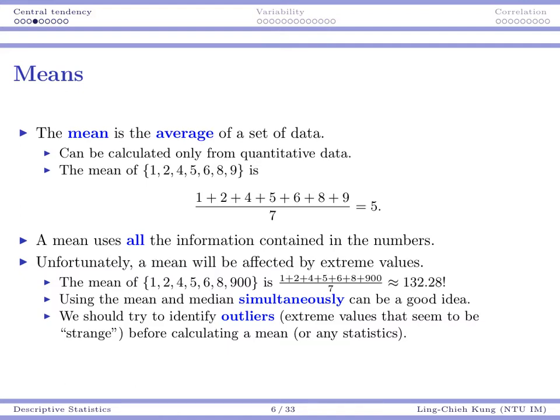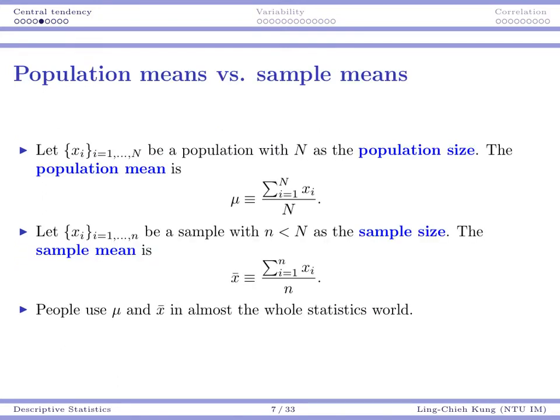Okay, and another thing is that we probably want to identify outliers before we calculate a mean or actually any other statistics. Regarding population and samples, we have the population mean and the sample mean. We can see that their formulas are basically identical.